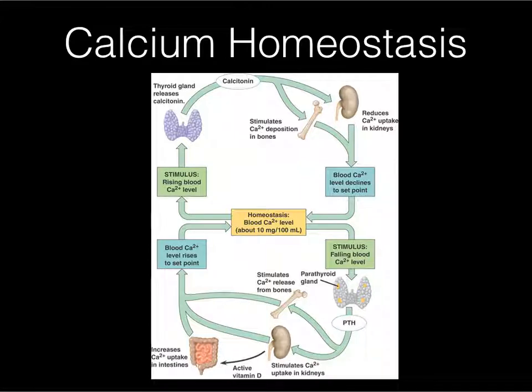Calcitonin is going to stimulate osteoblasts to deposit more bone, and it will reduce calcium uptake in the kidneys, causing you to pee out more calcium. Blood calcium levels will decline because your calcium is going into your bones and out in your urine. Once it declines to a set point, your clear cells stop secreting calcitonin because your blood has reached its normal homeostatic level.